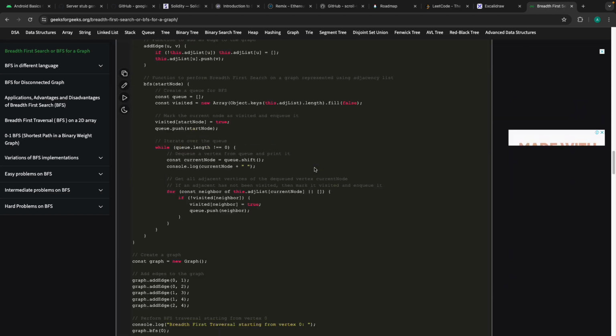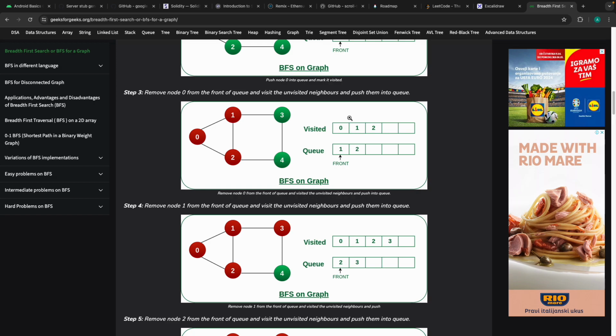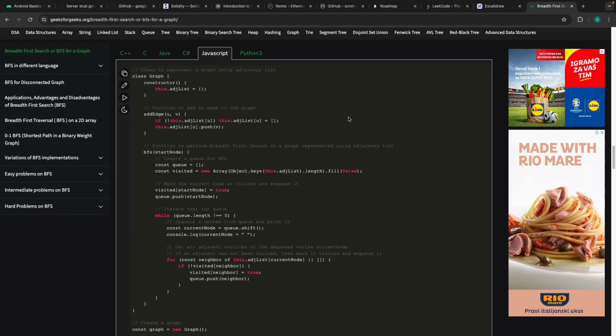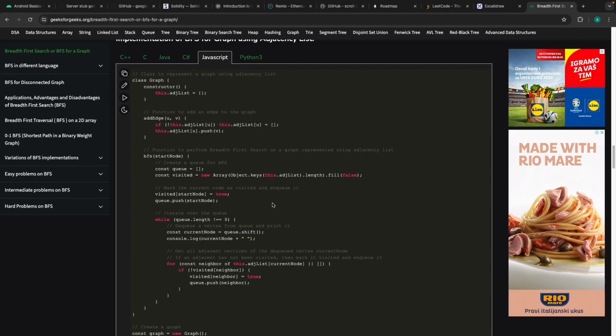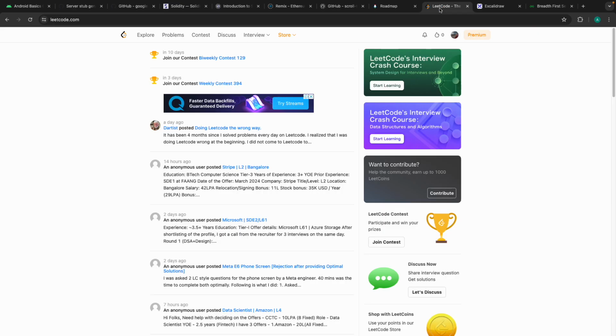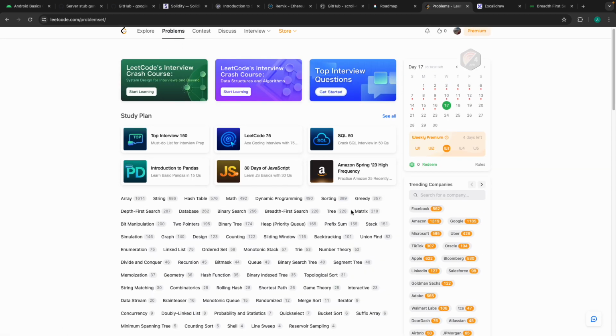I already took some view on theory, what is a graph, how can we traverse it, and an implementation of the algorithm. So let's take some problem with graph.